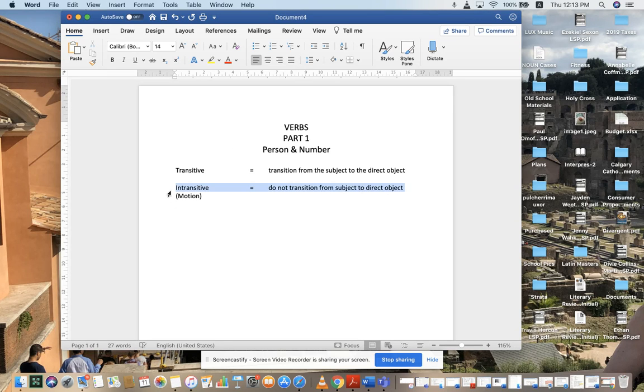So that's the first thing I wanted to get through to you guys, that verbs come in both transitive and intransitive parts. And usually dictionaries like the Oxford and the Cambridge Dictionary will tell you that this verb is transitive or this verb is intransitive. Now, does this work for all languages? Typically, especially in Romance languages, they work exactly the same way. Remember that English is derived from Latin and Greek.